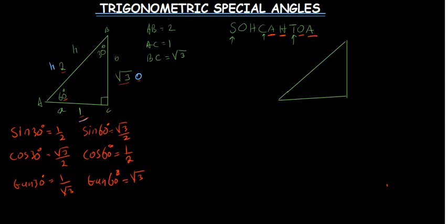So now we know here we have a 90 degrees there, then we have a 45 here and a 45 here. So we know this is our opposite here, and this is our hypotenuse, and this is our adjacent. That is for this angle here.